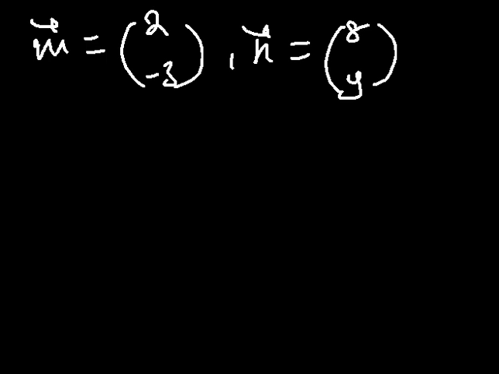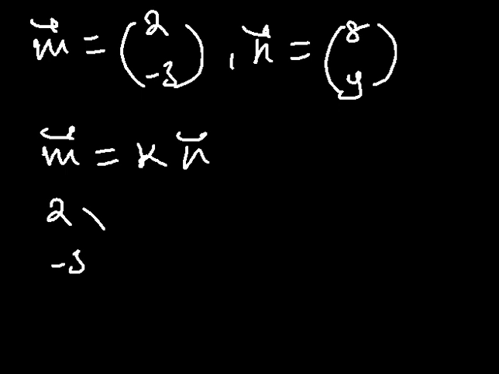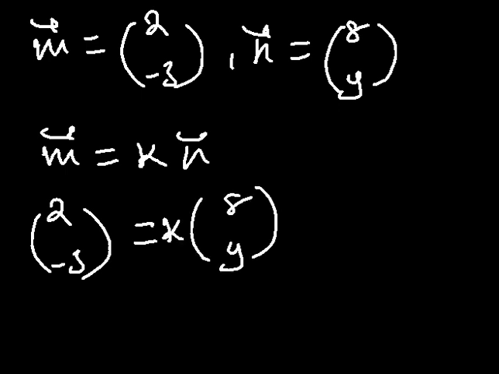Now, how should we go about it? In this case the principle remains the same. We have vector m equal to a scalar multiple of the vector n. So that would be (2, -3) equal to k times (8, y), which is the same as (2, -3) equal to (8k, ky).